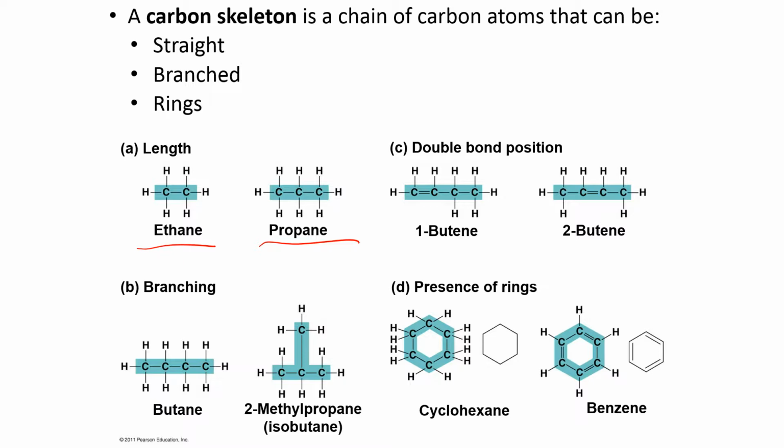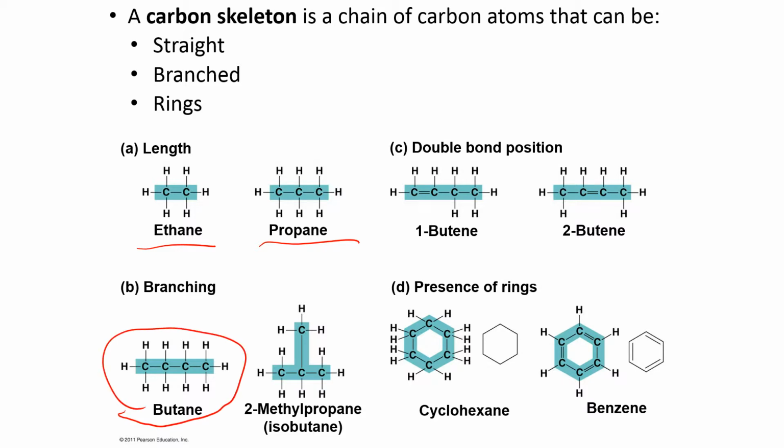You can also have branching. Basically, carbon atoms can rearrange in that molecule to form different arrangements. Here, butane is a straight chain.